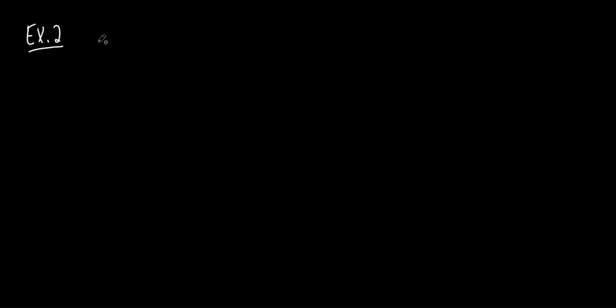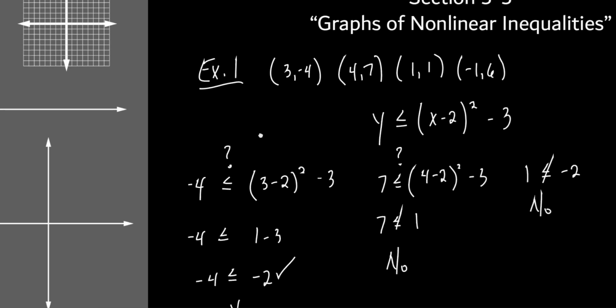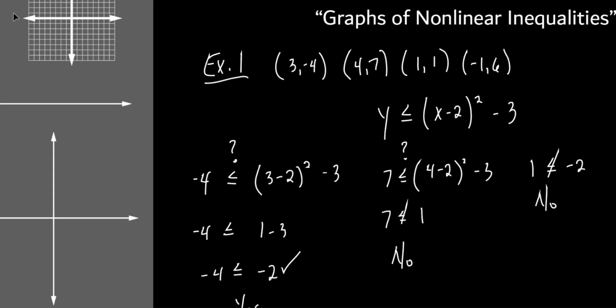Example 2. And we're going to graph something that looks kind of similar to what we just worked on. It's a little different, but this time it's greater than or equal to, and it is x minus 4 cubed minus 2. All right, let's use a graph.